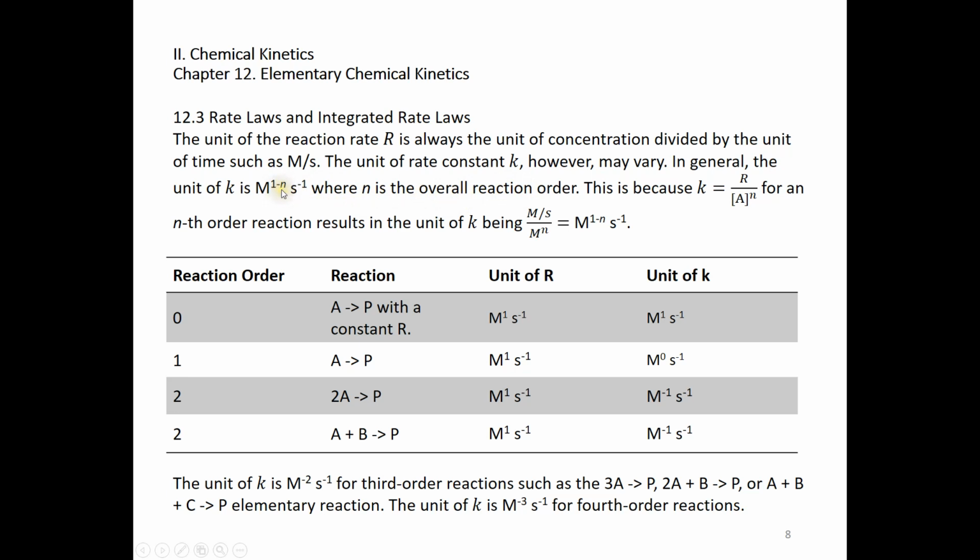So if n is 0, we have a zeroth order reaction, and then the unit of k is just molar per second, the same as the reaction rate R. If we have a first order reaction, n is 1, the unit of k is simply second to the power of negative 1. When n is 2, the unit of k is molar to the power of negative 1, second to the power of negative 1.